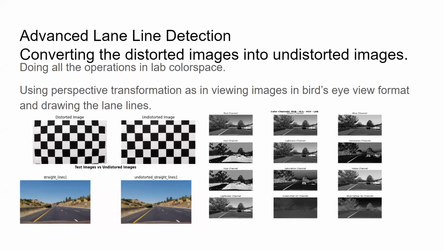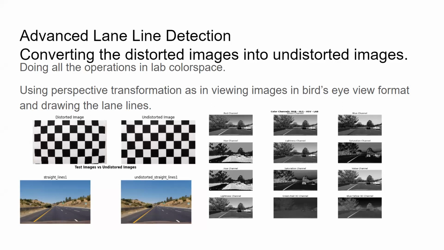The vertices of the distorted image are the image points, and the vertices in the undistorted image are the object points. For a given chessboard, its undistorted image can be obtained by using the find chessboard corners function, and then the values obtained from the function can be fed to the calibrate camera function.